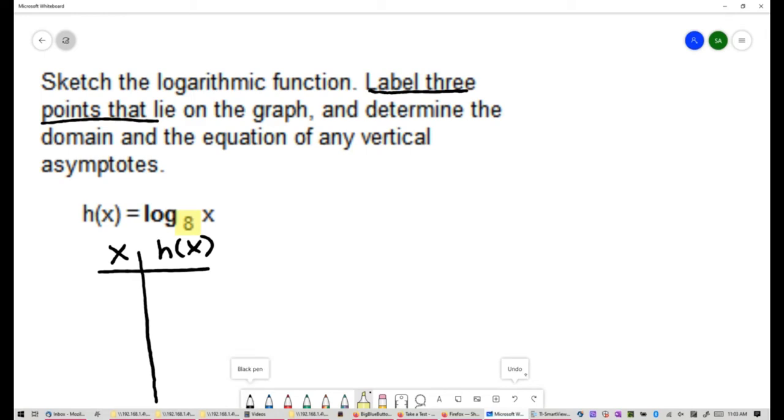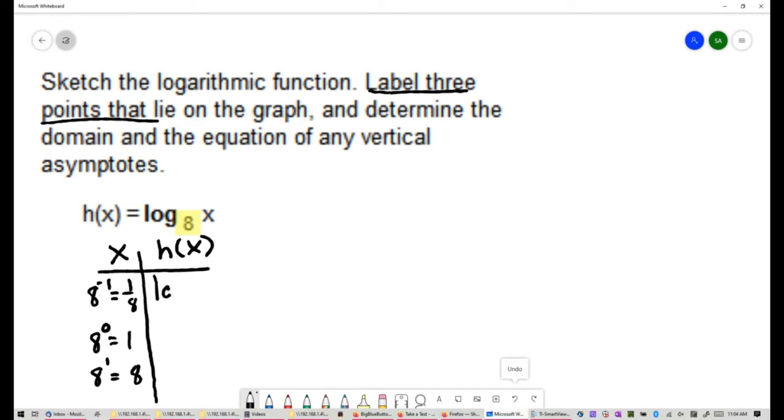So I would normally choose like -1, 0, and 1 as my x's, but because of that base of 8, I'm going to choose as my x's 8 to the -1, which is 1/8, 8 to the 0, which is 1, and 8 to the first, which is 8. So if I choose these values, then my y values will come out to be nice numbers.